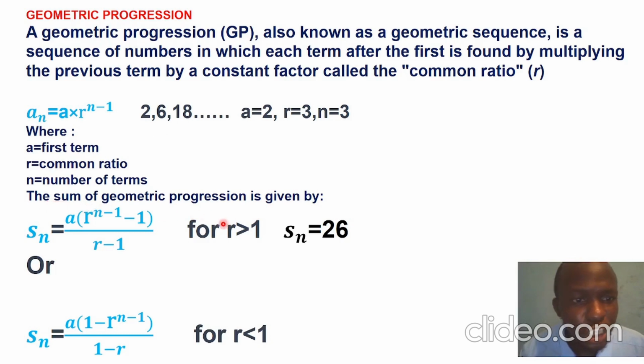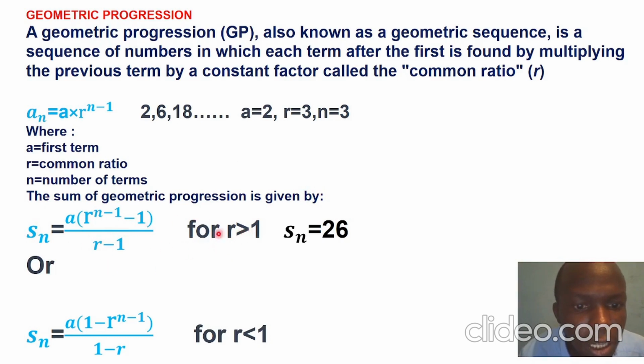A geometric series is the sum of a geometric progression. So the sum of the terms in a geometric progression is given by this formula, but we have already added manually. So 2 plus 6 plus 18 is 26, and therefore we can verify using this formula.